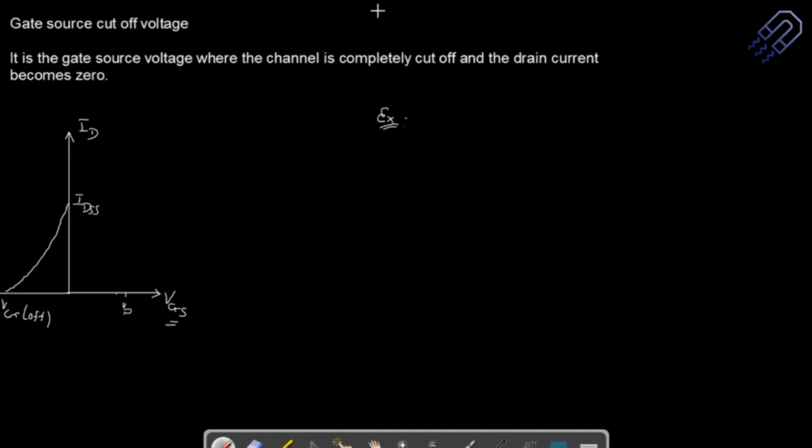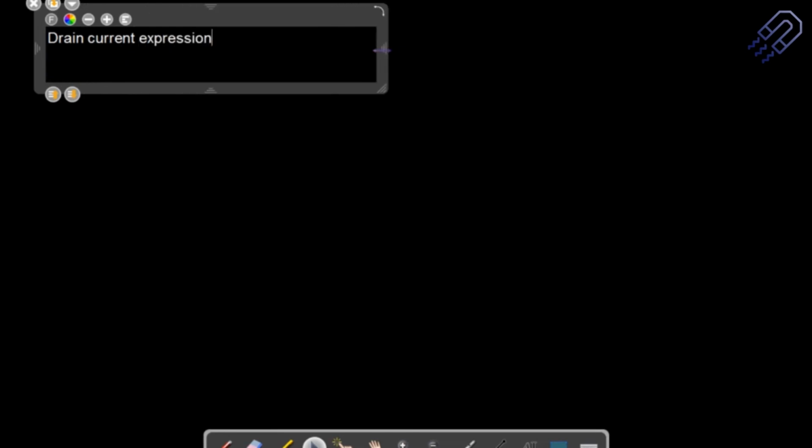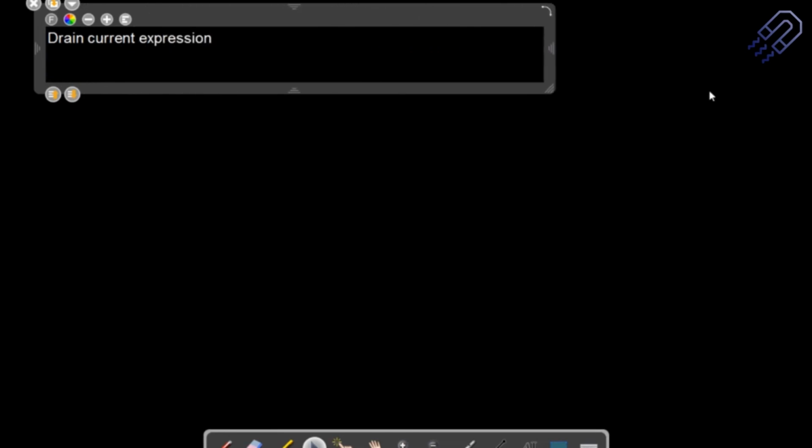And before I take that example, let me give you another term, which is the expression for drain current, or drain current relation. So how do you measure the drain current based on the parameters that you have?